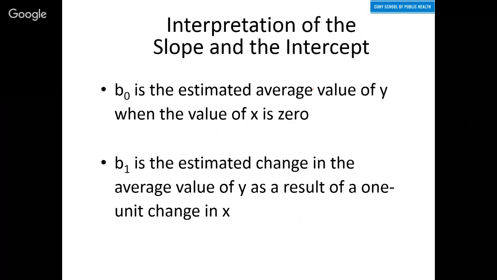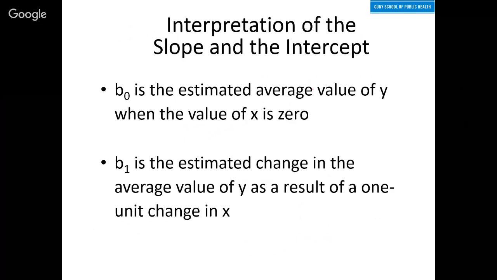So B0, to interpret it, is the estimated average value of y when your value of x is 0, and B1 is how much y changes as a result of a 1 unit change in x. Both of these are dependent on the scale of x and y.